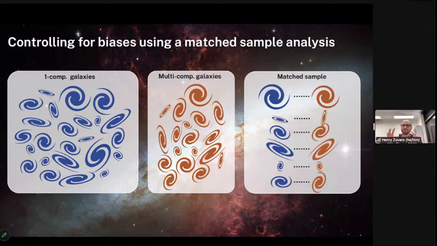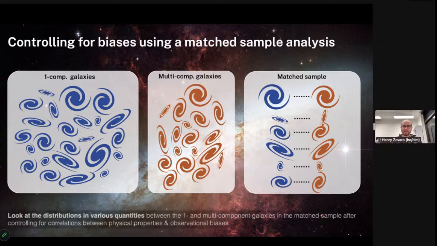By building up this subset, we're removing that bias of inclination in the sample. Once we do that, we can simply look at the distributions of other quantities between the galaxies in our matched sample, and that will tell us that whatever quantity we've matched in does not contribute to that particular distribution, if that makes sense.